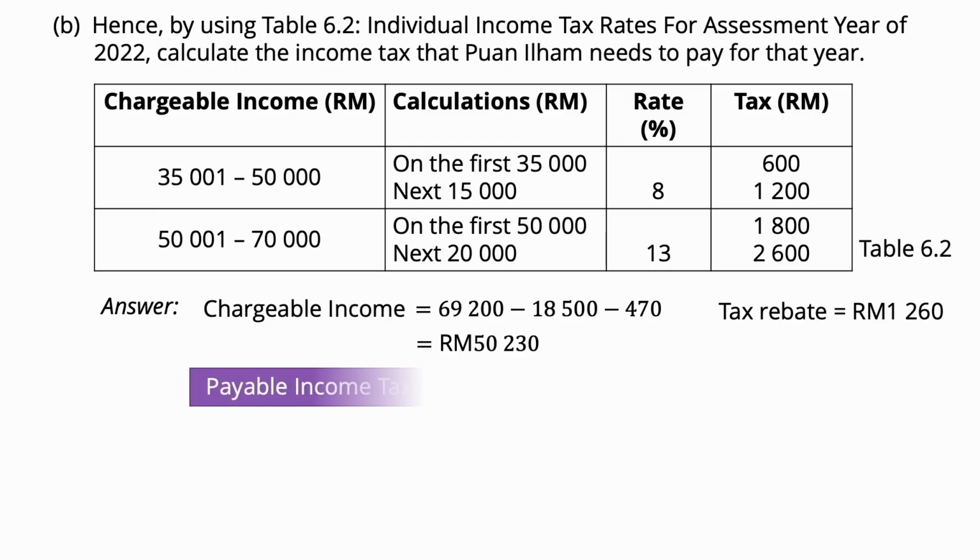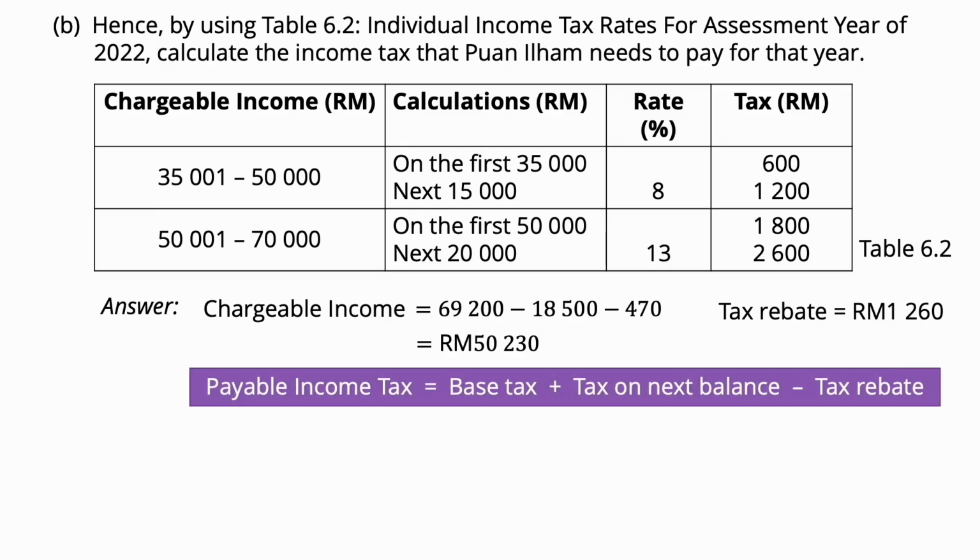Payable income tax equals base tax plus tax on next balance minus tax rebate. Refer to the income tax rate. The chargeable income, 50,230 ringgit Malaysia, is in the category 50,001 to 70,000.